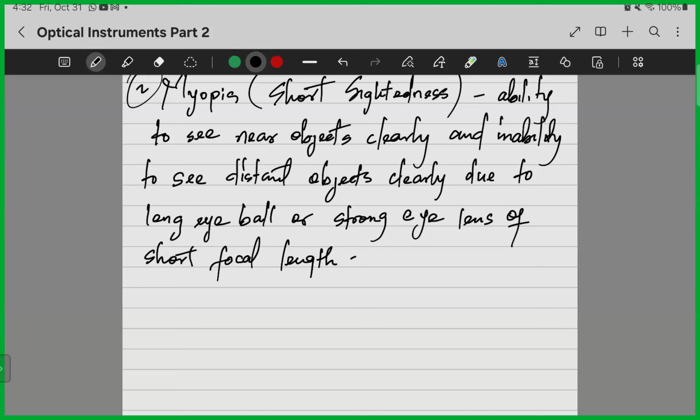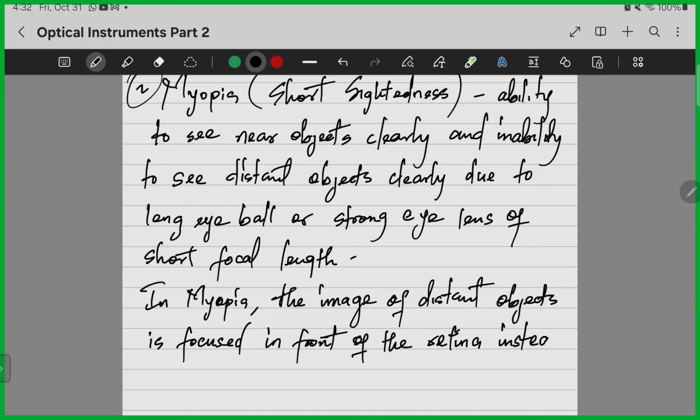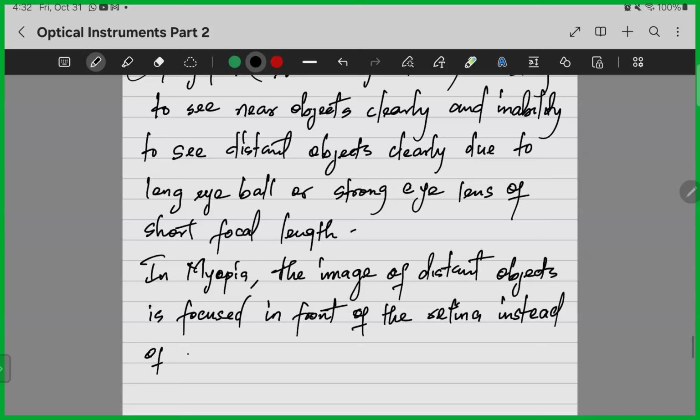So what happens in myopia? In myopia, the image of distant objects is focused in front of the retina instead of on the retina.